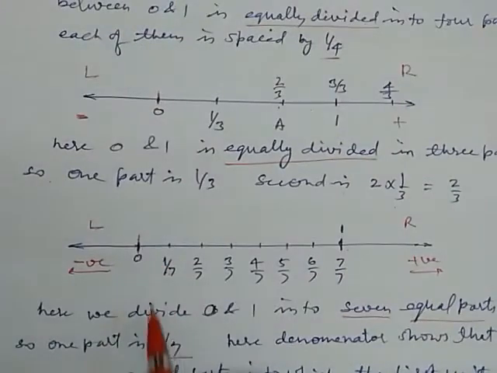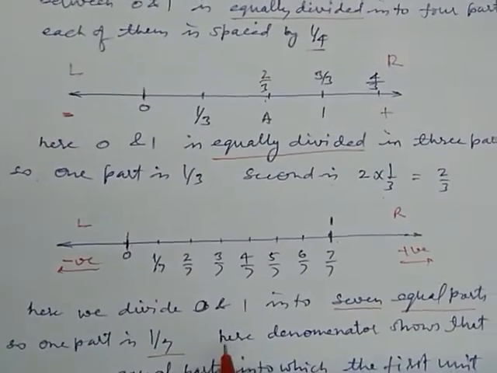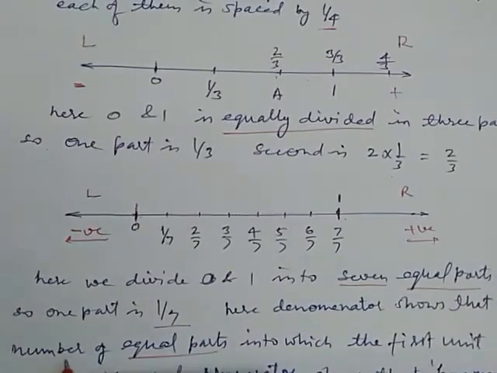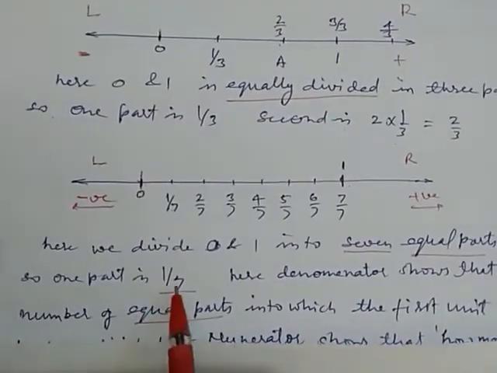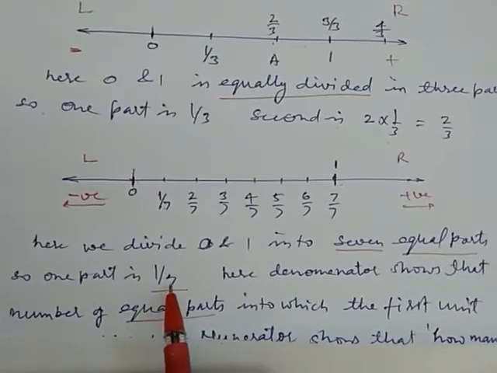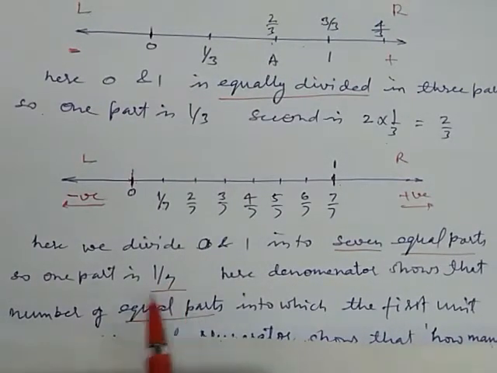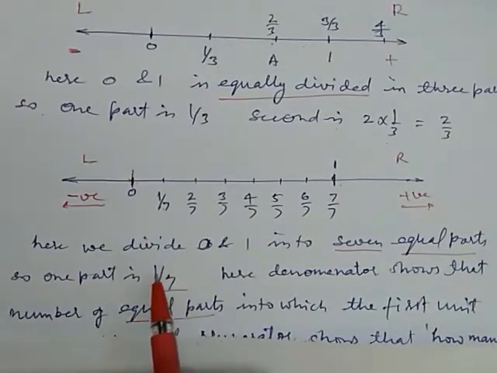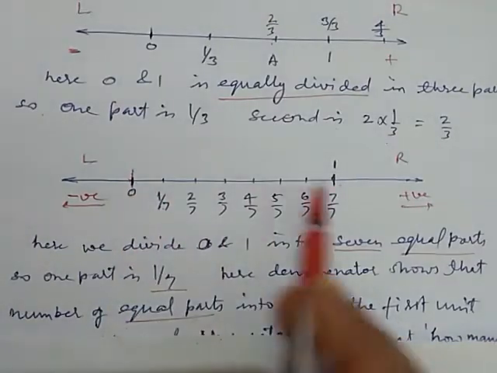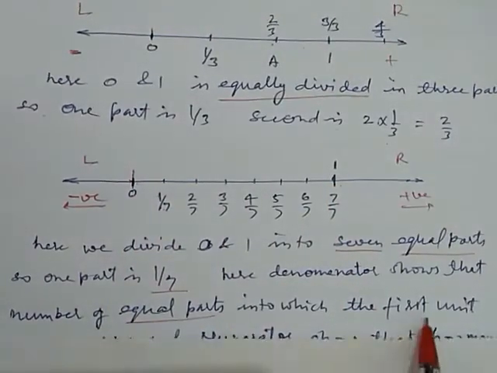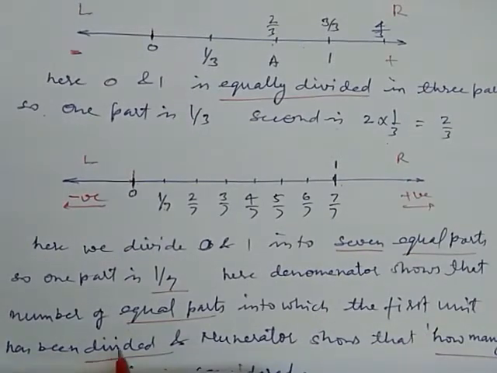Here the denominator shows the number of equal parts. Whatever the denominator, we just make that many parts. Okay, so here 7 is the denominator. So 7 equal parts, each part is 1/7 of this 1 unit. So the denominator is the number of equal parts into which the unit has been divided.